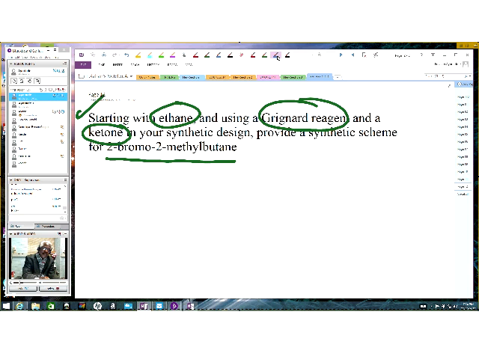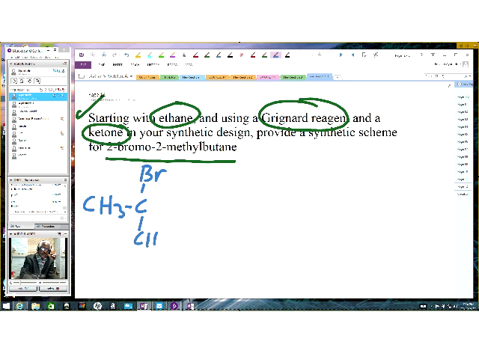You see that is this here. 2-bromo-2-methylbutane. Okay, so the first thing we need is the nomenclature, the structure of this molecule. That is knowing your nomenclature.